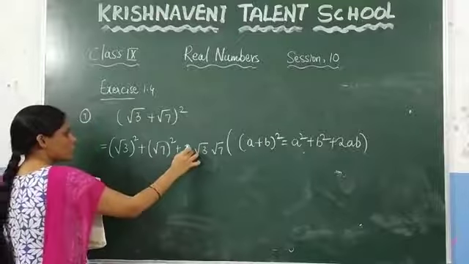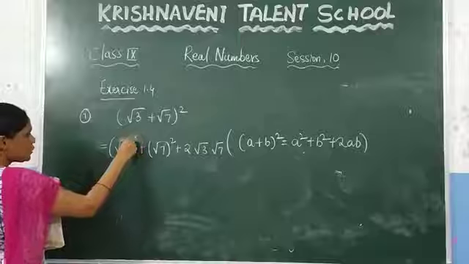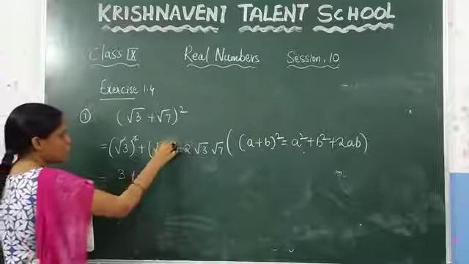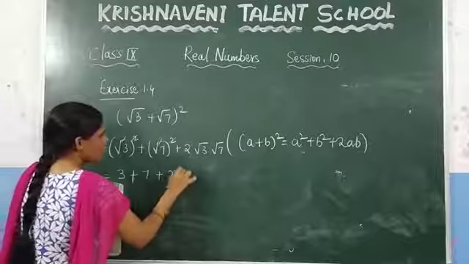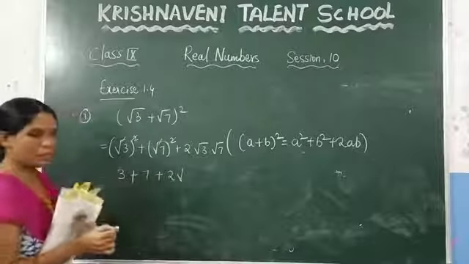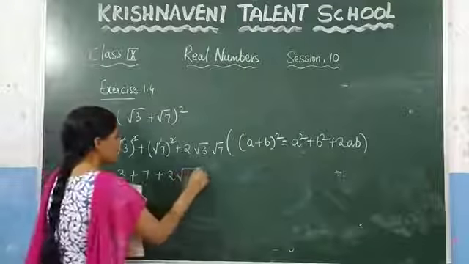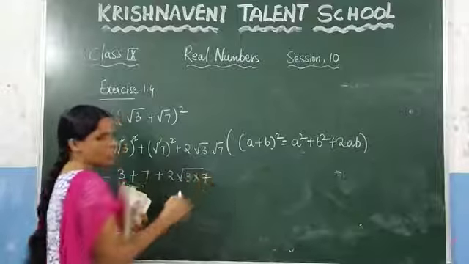root 3 into root 7. If nothing is there, it means there should be a multiplication. So here this root, this square will get cancelled. You will get 3. And again here this square, this root will get cancelled. You will get 7 plus 2 root. Before, in a previous problem, we have done that root a into root b is nothing but root of a into b. So you can multiply these two values, which is nothing but 3 into 7.